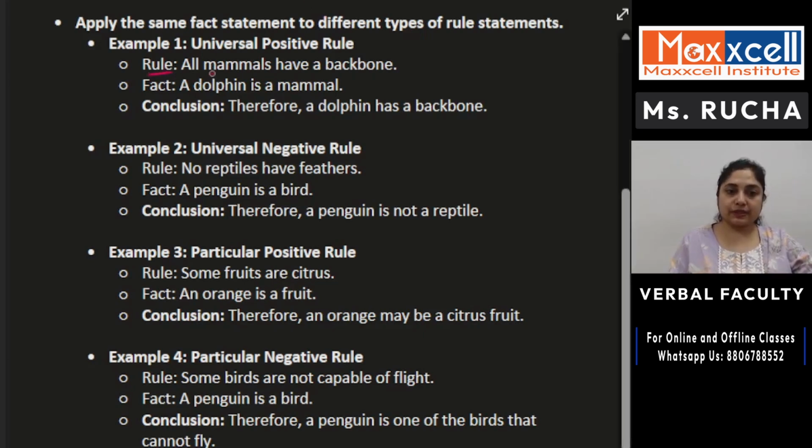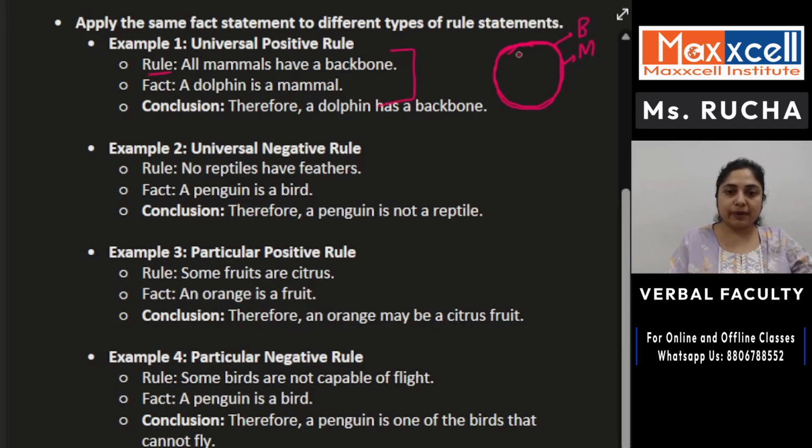First rule here is all mammals have a backbone. Now I am trying to translate it in the form of a Venn diagram. Okay, let's see. All mammals have a backbone. Now consider this overlapping circle as backbone and the one underneath as the circle for mammals, right?